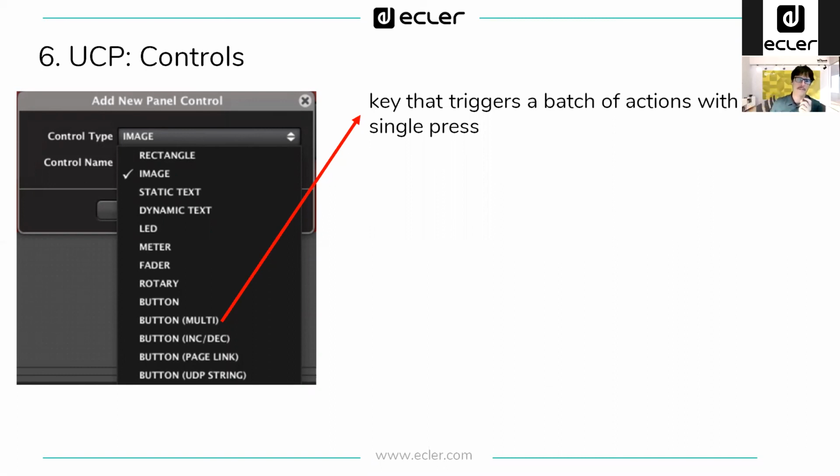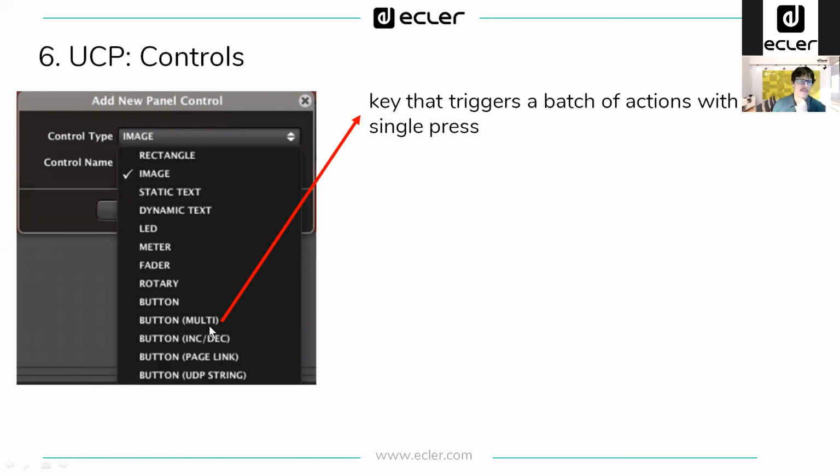What does this mean? Up to now, the multi-button was just for a batch of actions, and that can be made with the regular button. So it was quite nice, but you could not change the UCP page at the same time that, for example, you loaded a preset, because they were two different types of buttons.